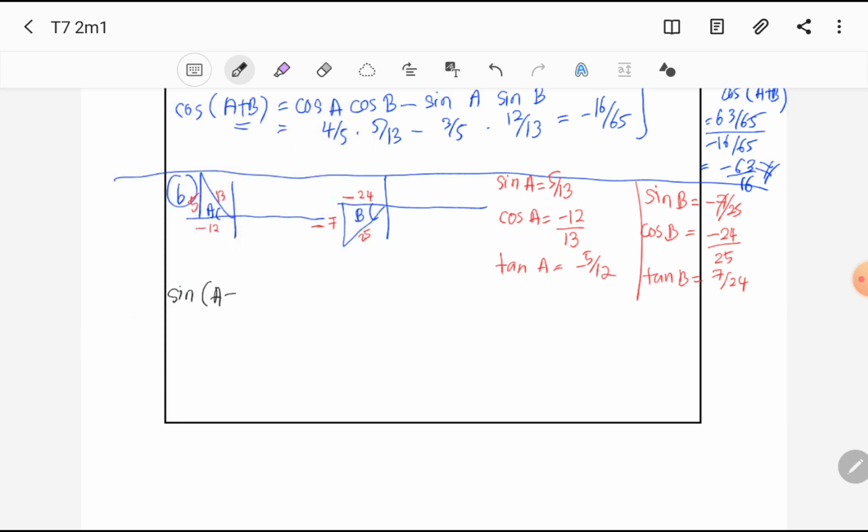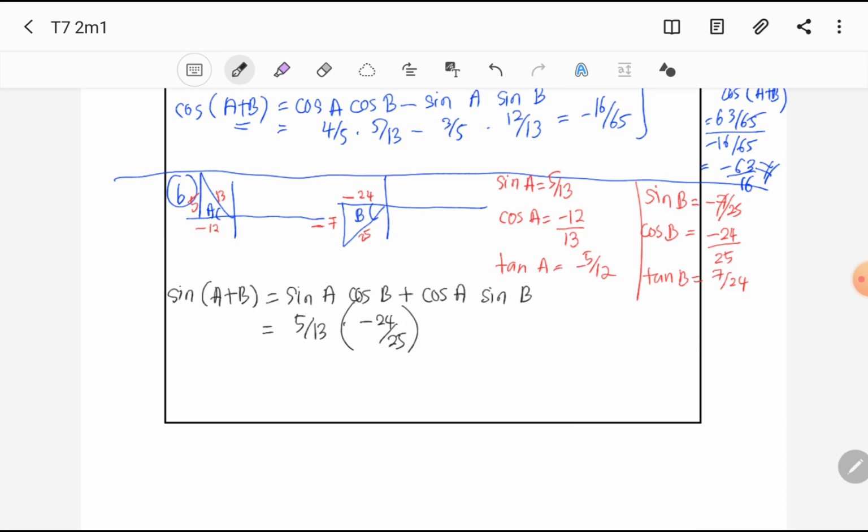Sin A plus B equals to, okay, guna equation sama lah. So kita ada sin A cos B plus cos A sin B equals to 5/13 times negative 24/25.